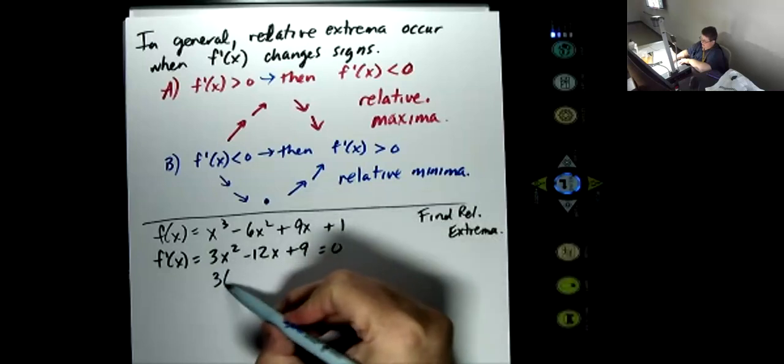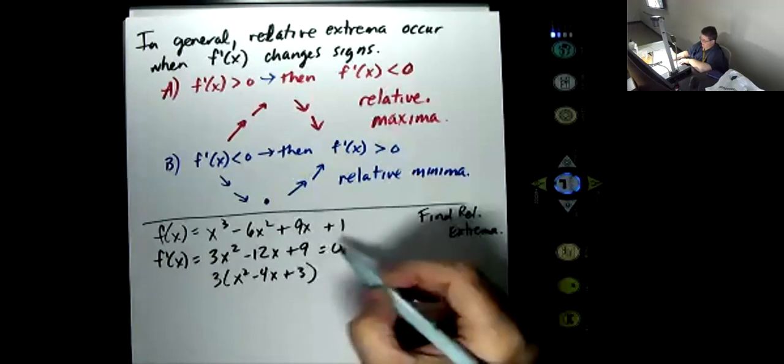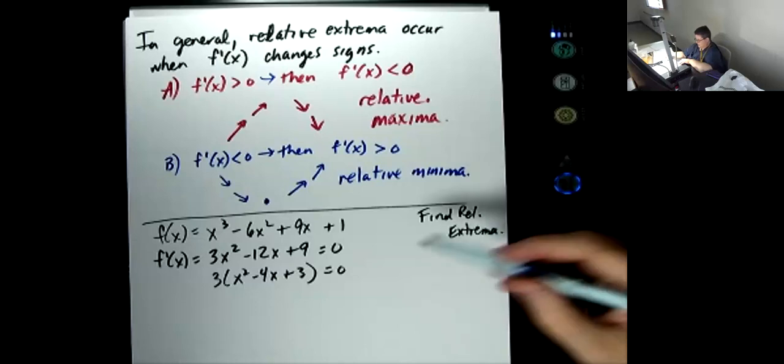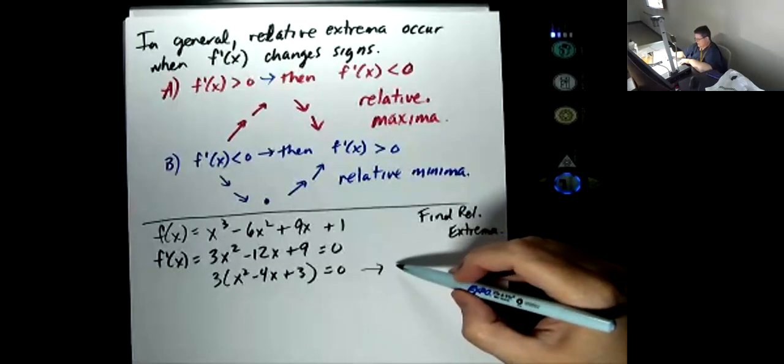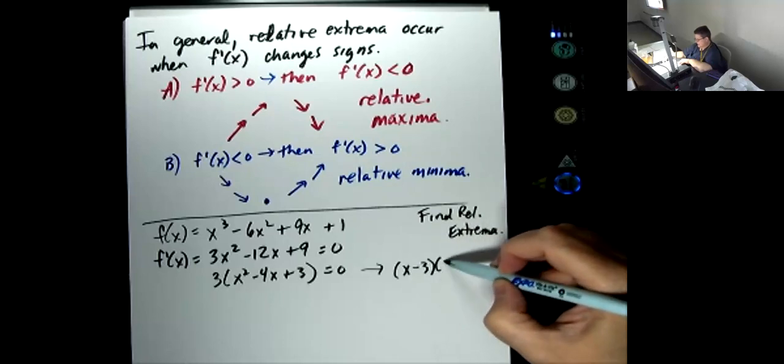I can factor out a 3, so it looks like I could divide by 3. If I factor this, this is x minus 3 and x minus 1.